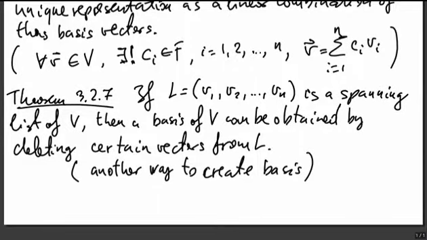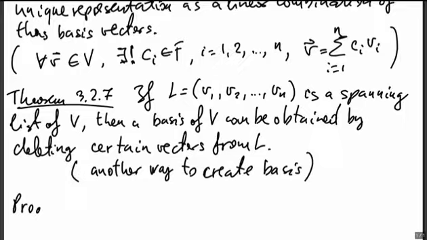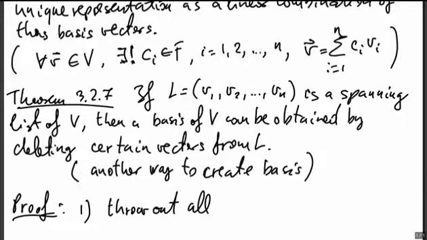So let's see the proof of this, since this is a process that we're going to talk about to create a basis. The first step would be to throw out all zero vectors, of course. A spanning list doesn't say that it's a linearly independent list, and of course if it's linearly independent then it's a basis, so it's definitely not supposed to be linearly independent.